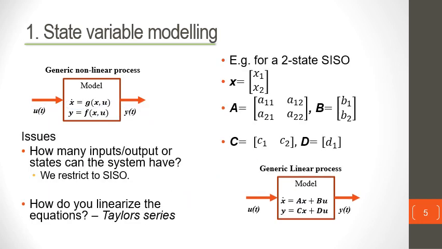So given that the system state variable model is distinguished by the inputs, the states, and the outputs, it's clear that the state variable representation can easily model a multi-variable system, that is a system with multiple inputs, multiple states, and multiple outputs.